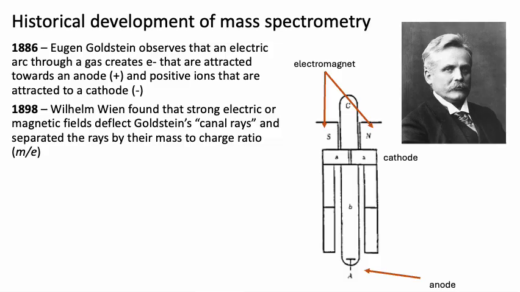So how massive the ion is, and whether it's a 1 plus ion or a 2 plus ion or a 3 plus ion or a 1 minus ion. And this is really the basis of mass spectrometry here. The idea that you can actually separate out masses using an electromagnetic field.